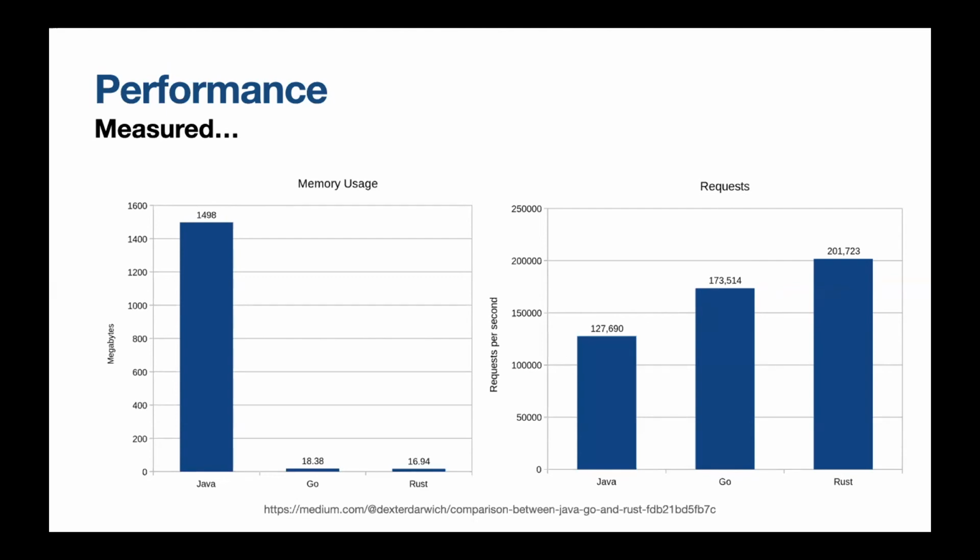This is the memory consumption and the number of requests each of them can achieve. Rust tops, Go comes second, but I'll still make a compromise with Go because of the readability and simplicity compared to Rust.